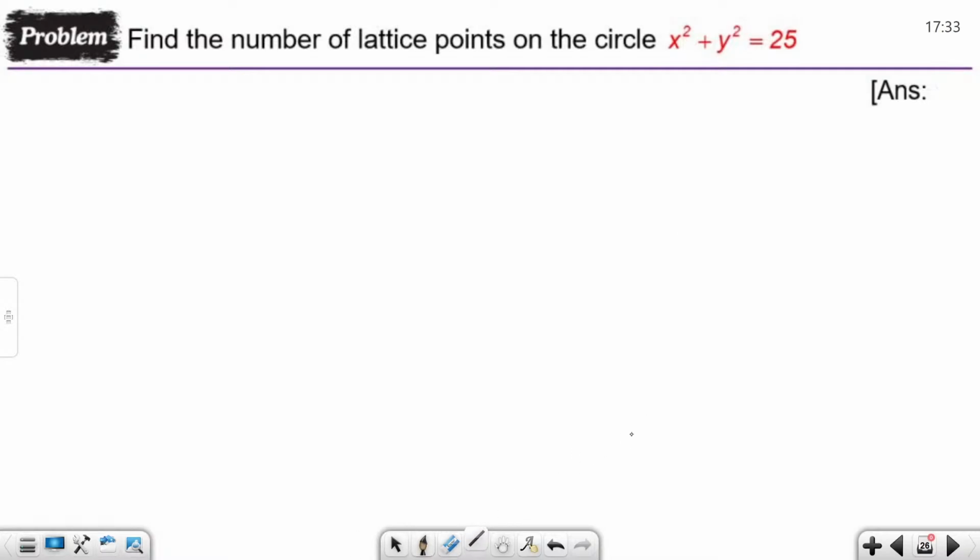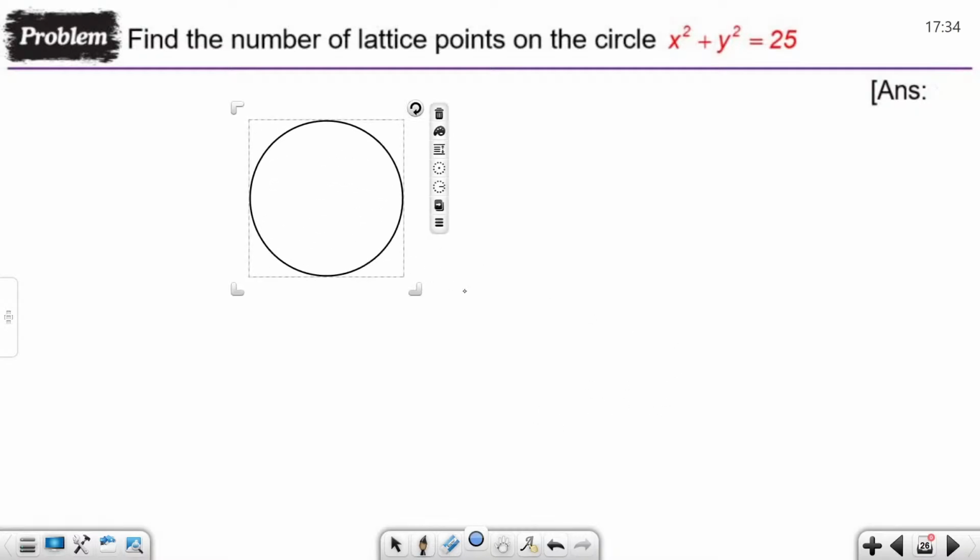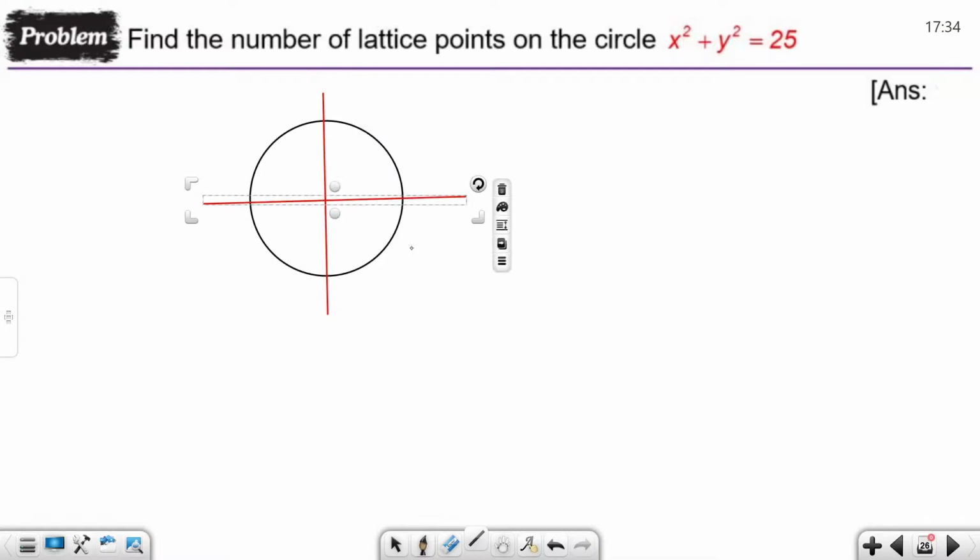Okay. So what they have said, in the circle x square plus y square is 25, you have to find all the points on the circle which are lattice points. Okay?